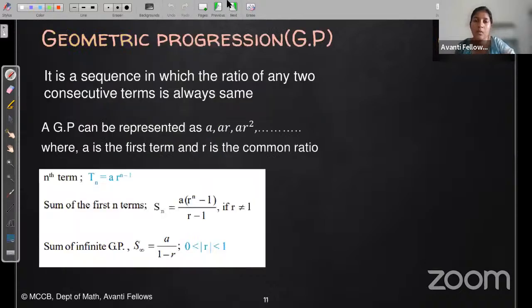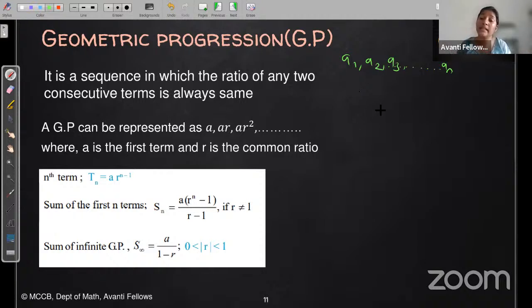Okay. Well then, the next part is geometric progression. So what is geometric progression? Geometric progression is also a type of sequence in which the ratio of any two consecutive terms is always the same. For example, if I say A1, A2, and so on up to An, this is a geometric progression, I'll consider.